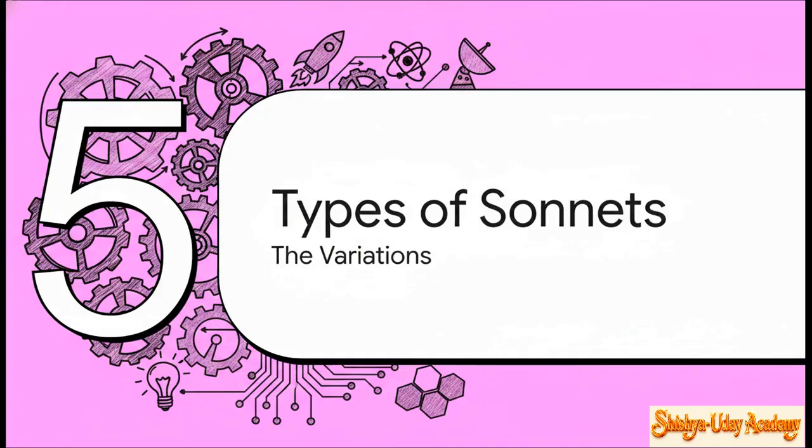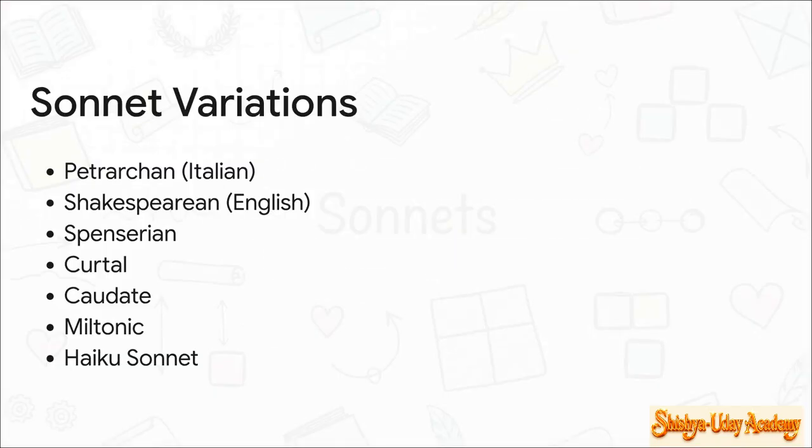Section 5. Types of sonnets, the variations. Just like any piece of brilliant technology, the core sonnet blueprint has spawned so many different models over the years as ambitious poets tinkered with the design. Just look at this incredible variety of names. You've got Petrarchan, Shakespearean, Spenserian, Curtal, Caudate, Miltonic, and even the modern haiku sonnet.